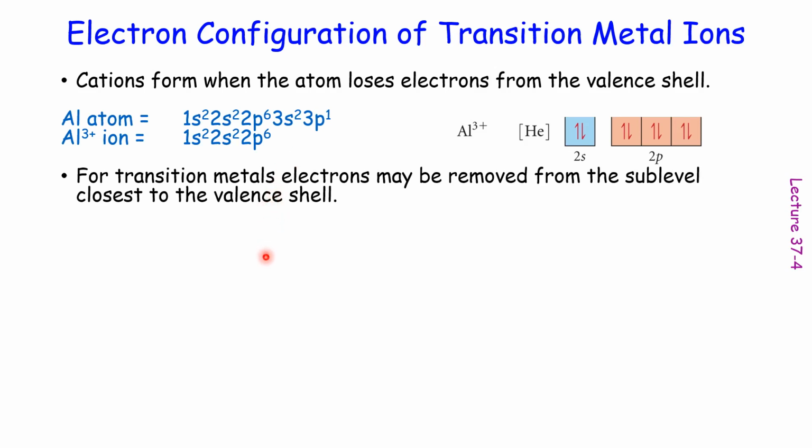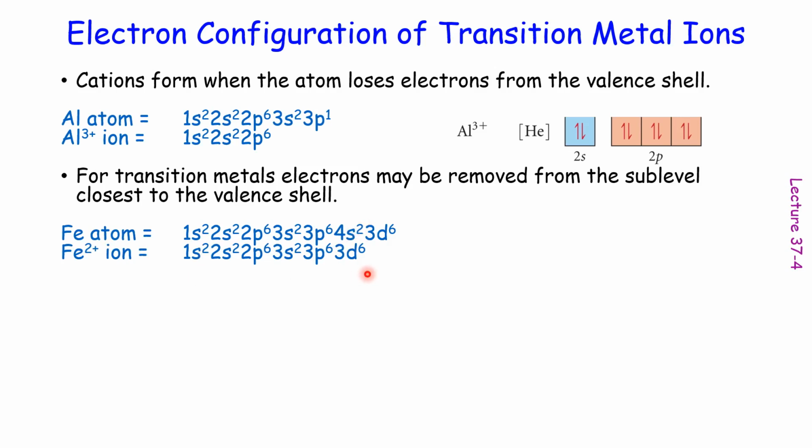For transition metals, almost all of the transition metals will form 2+ ions. That's because they will lose the 4s valence electrons. That's why it's very often for transition metals you will see 2+ ion. Iron, this is the iron atom's electron configuration. Iron 2+, you see the 4s2, those 2 electrons, they are gone.